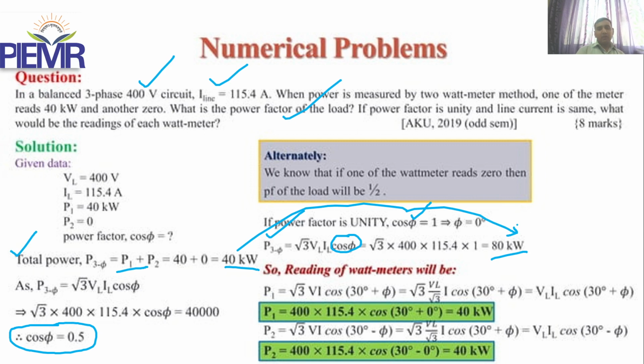What will be the reading of P1 and P2? If phi is equal to 0, and we know VL and IL, then the total power should be 40 watt and 40 watt. They will provide equal values. So thank you all of you. For this particular part, we have covered the 2 wattmeter method for measurement of 3-phase power.